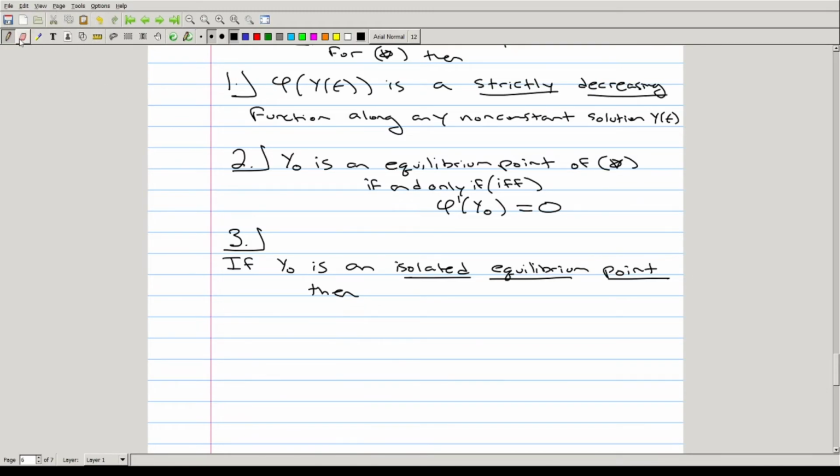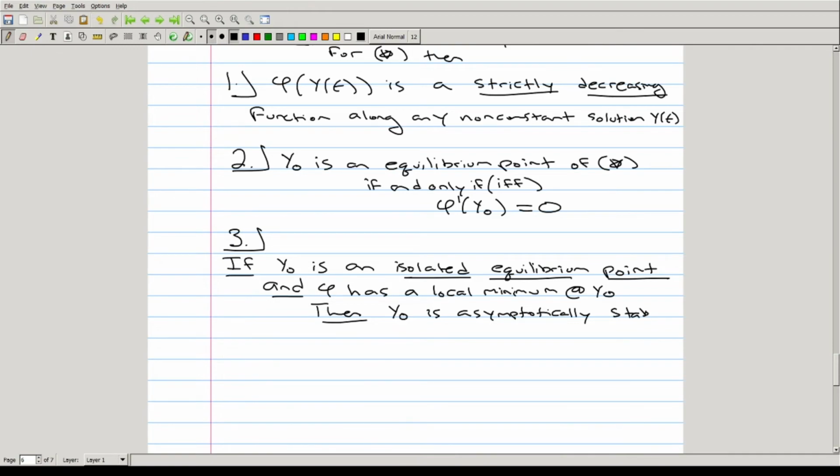If y naught is an isolated equilibrium point and phi has a local minimum at y naught, then y naught is asymptotically stable.